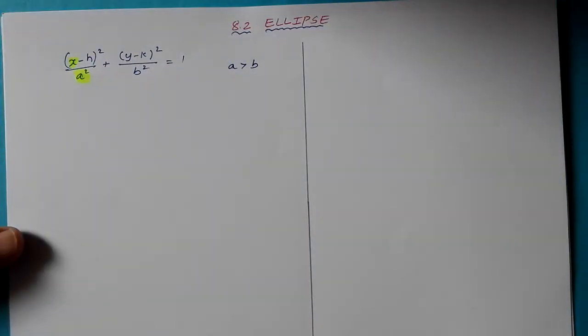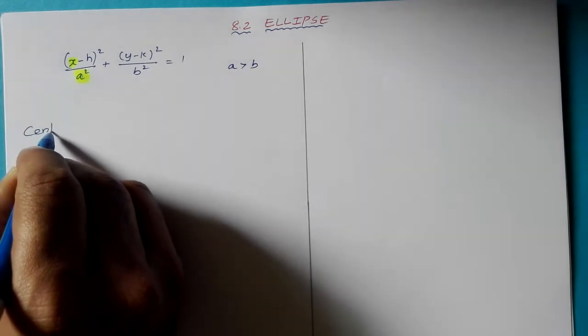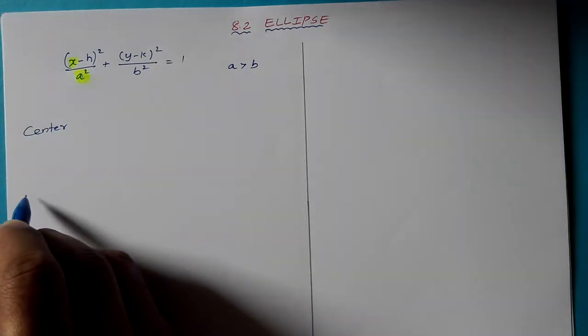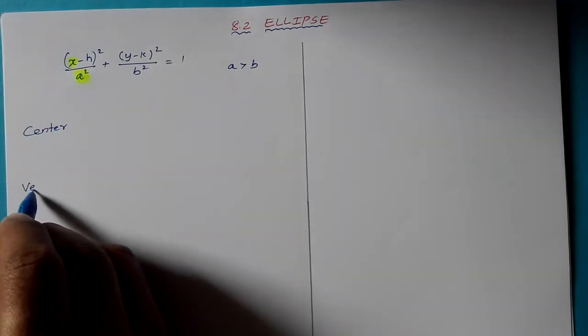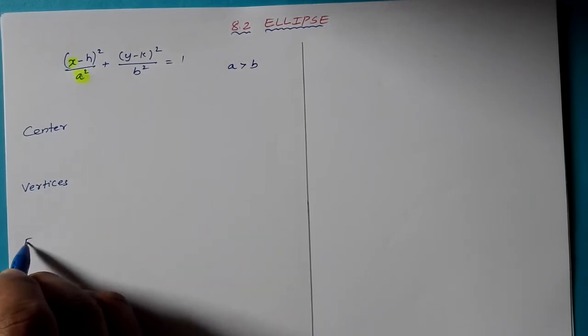Now we will calculate all the values. What are the values we have here? It is center, vertices, and focus.